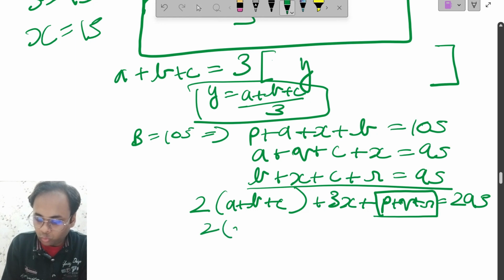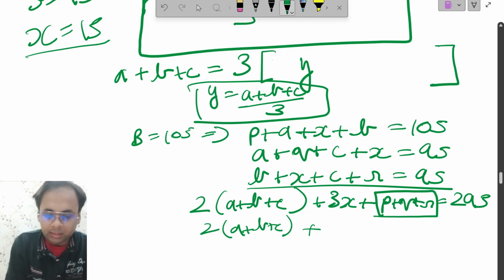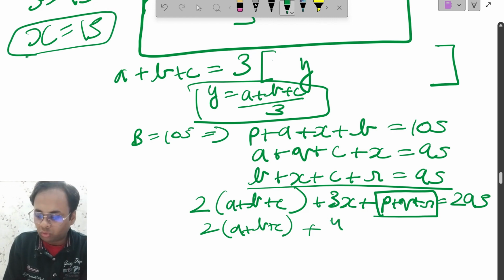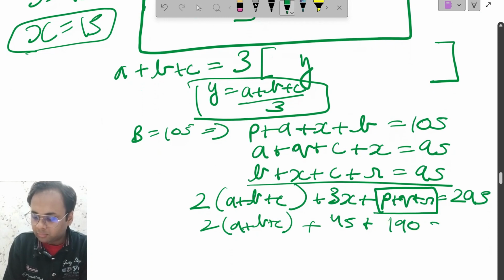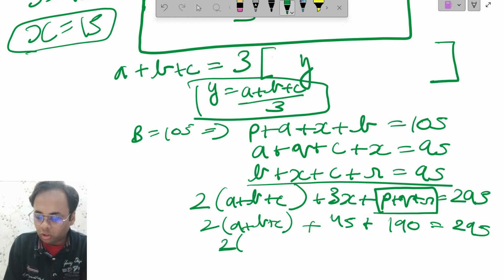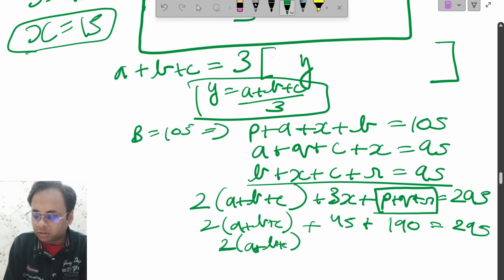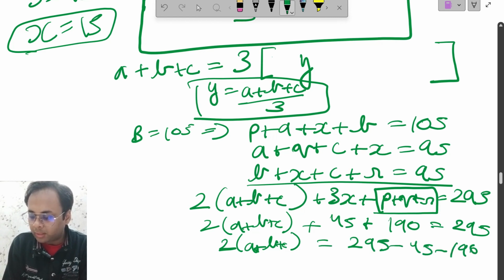So we have twice of A plus B plus C plus thrice of X. X we already have, which is 15. So it is 45 plus 190 equal to 295. So we have twice of A plus B plus C, how much? 295 minus 45 minus 190.